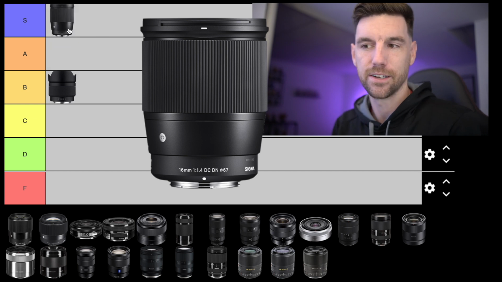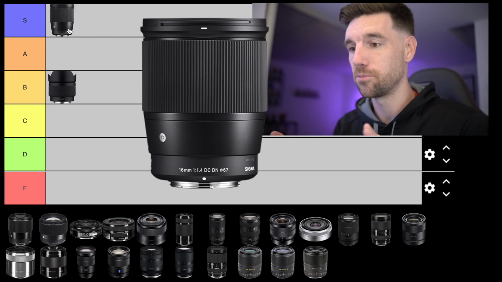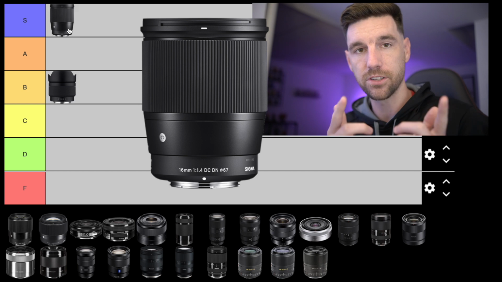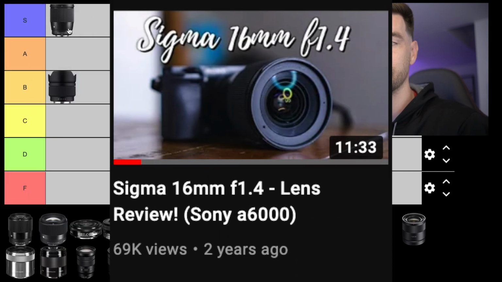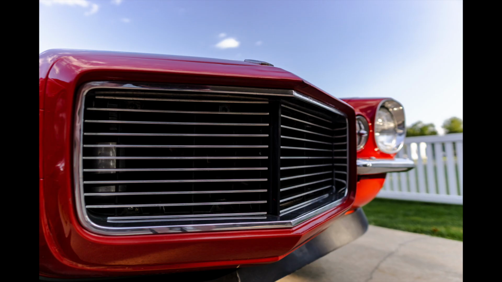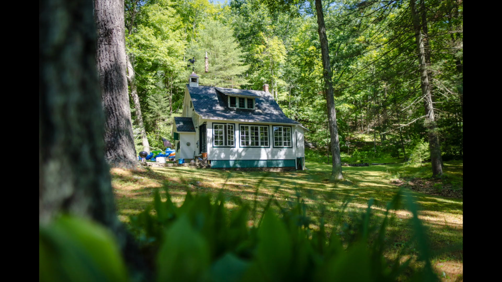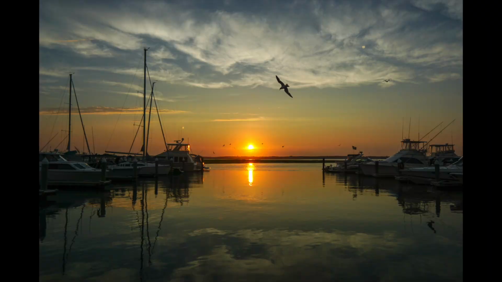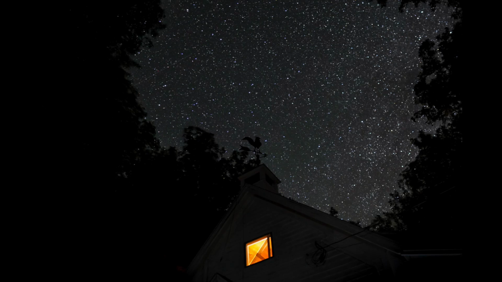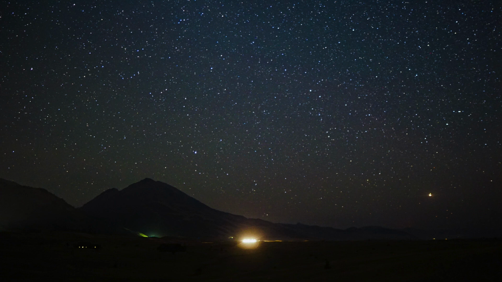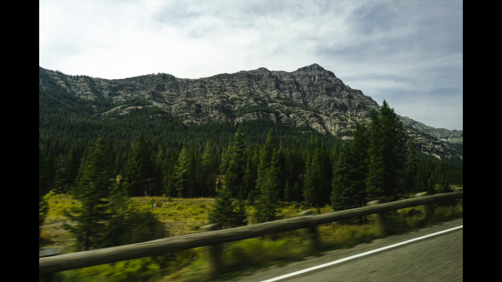I gotta put it in S tier because Sigma really hit it out of the park with this lens. I've done a video review on the Sigma 16mm f1.4. Go check it out. But the lens is incredible. You can use it to vlog, landscapes, astrophotography, YouTube, all sorts of stuff. It has a little sentimental value with me, so it goes in S tier.